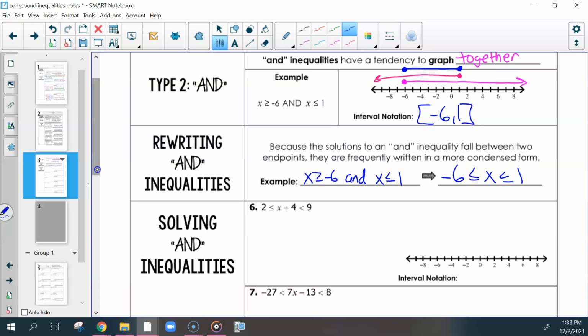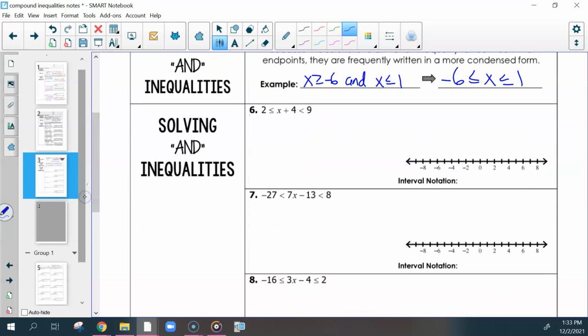Let's start at number 6. OR inequalities were two separate inequalities that we solved separately and graphed apart. AND inequalities are one condensed inequality that we need to solve all together. That means what we do to one part, we are doing to everything in the inequality.